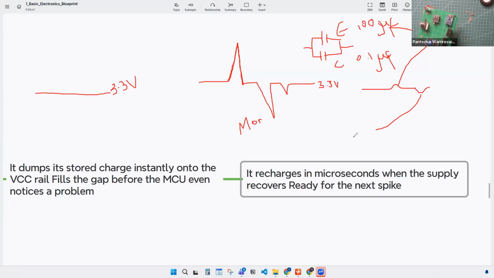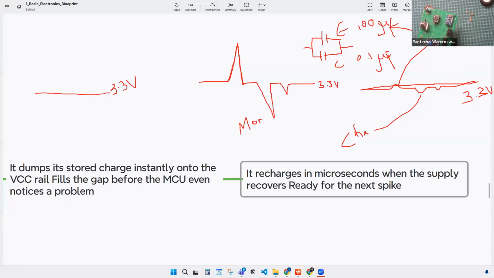In this place, the capacitor is going to charge some voltage. So it does charge and discharge properly to get the 3.3 volts steady, a somewhat steady output at the output side.